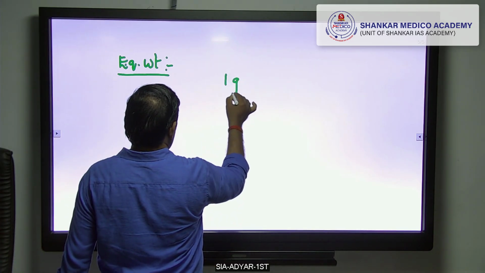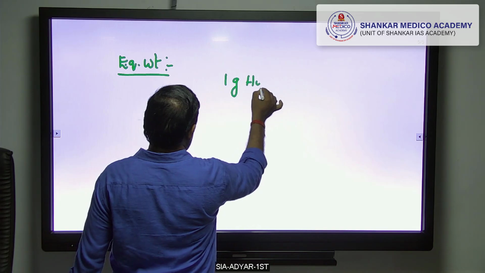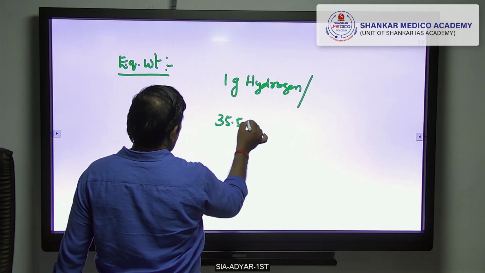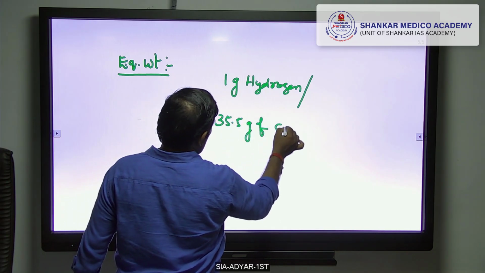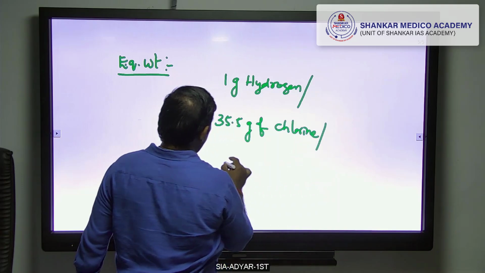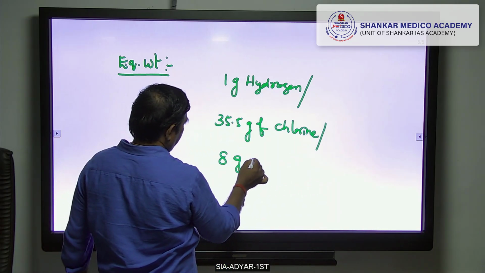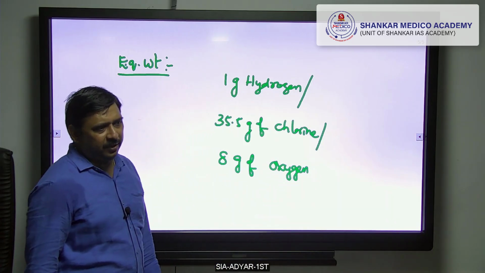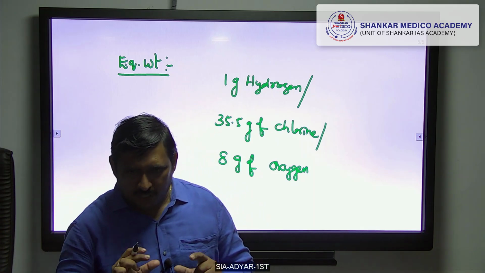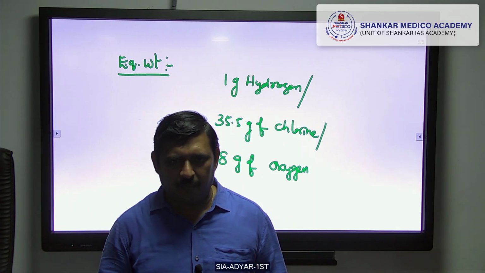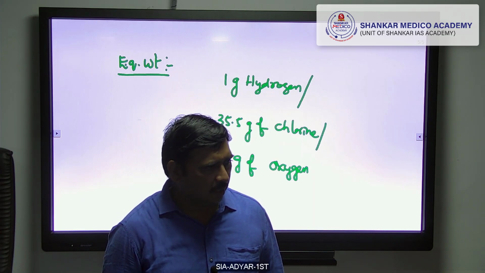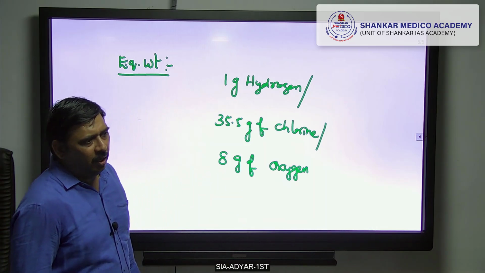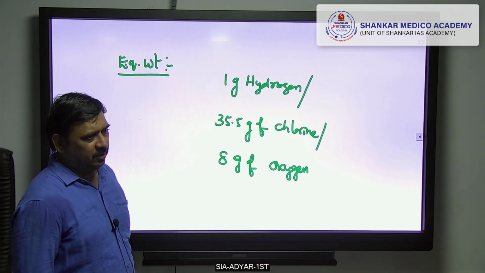For example, the weight of any substance that combines with 1 gram of hydrogen, or 35.5 grams of chlorine, or 8 grams of oxygen, that weight of that element is called the equivalent weight. Once again, the weight of the element that combines with 1 gram of hydrogen, or 35.5 grams of chlorine, or 8 grams of oxygen, is called the equivalent weight of the element.